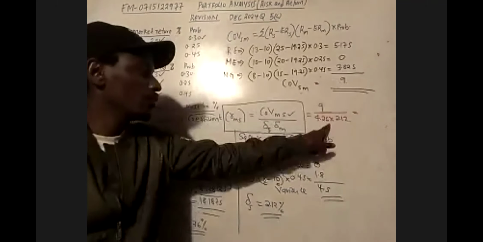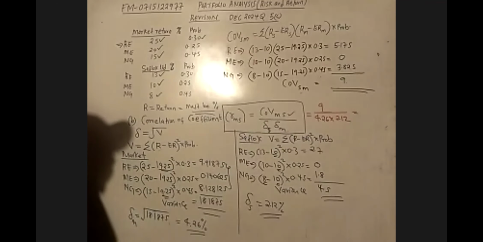So for you to get the correlation coefficient, we have seen the covariance is 9. So 9 you divide by the standard deviation of the market and the standard deviation of the subflux, which is 4.26 times 2.12.